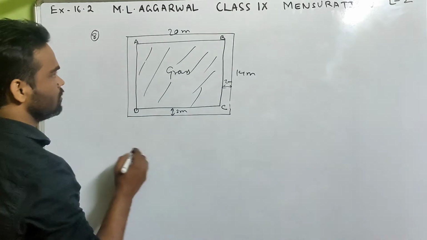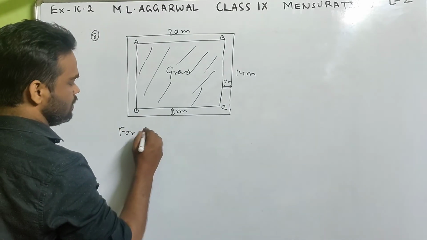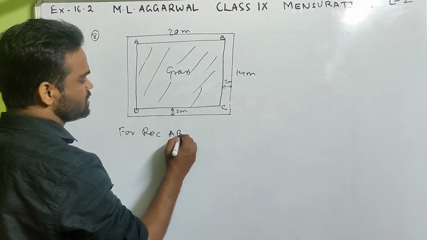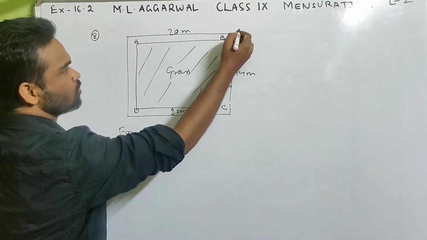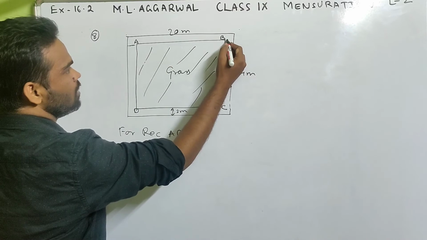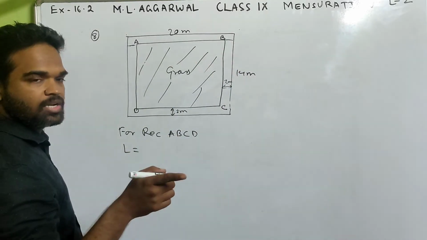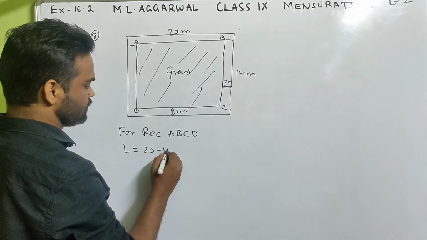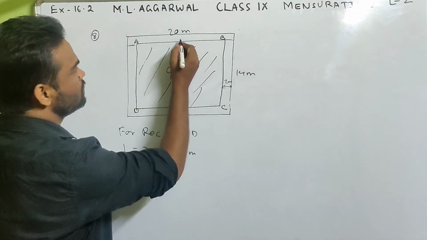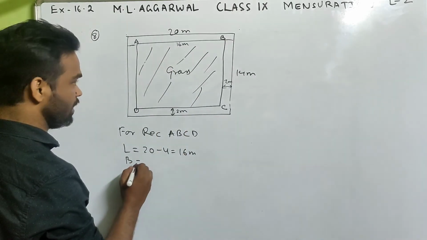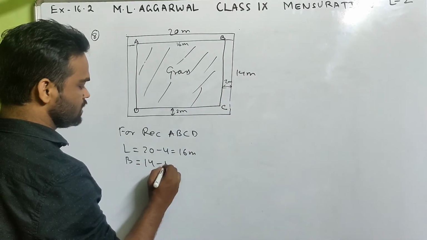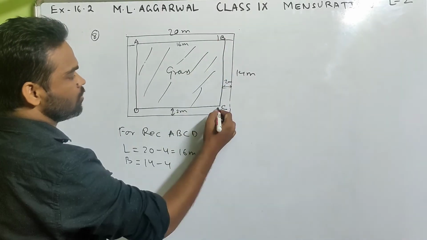Okay? So for rectangle ABCD, look carefully. Length will be what? This entire thing is 20, minus 2, minus 2, or minus 4. So 20 minus 4, that's 16 meter. So your length is 16 meter. Similarly, the breadth: 14 minus 4. 2 meter from here, 2 meter from here.